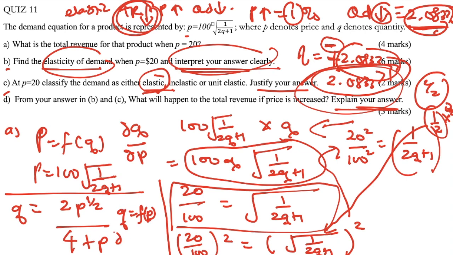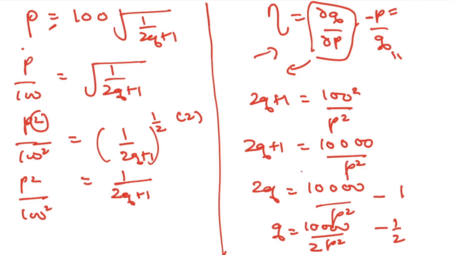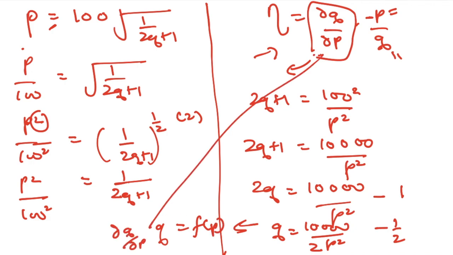So from here, you can easily get delta Q over delta P without inverting it, isn't it? So here, you go straight. You don't have to invert it like what I did earlier. Remember, I had to change it to Q as a function of P. Then only I could do delta Q over delta P to be reinserted into the elasticity formula here.